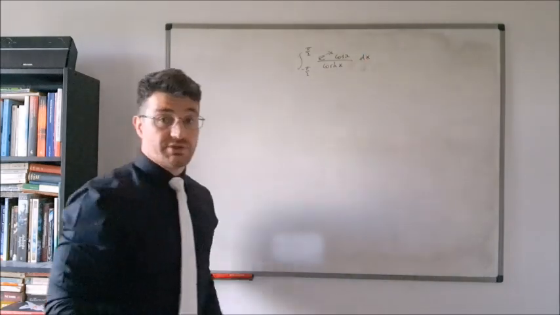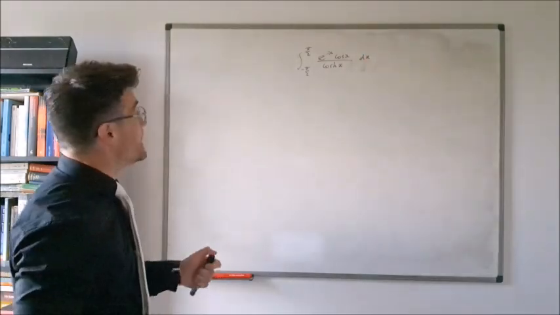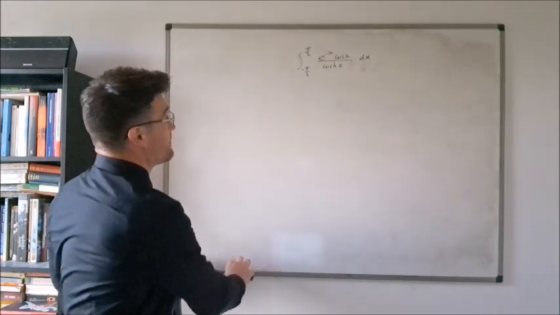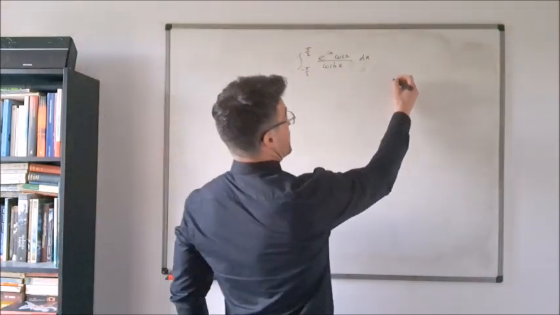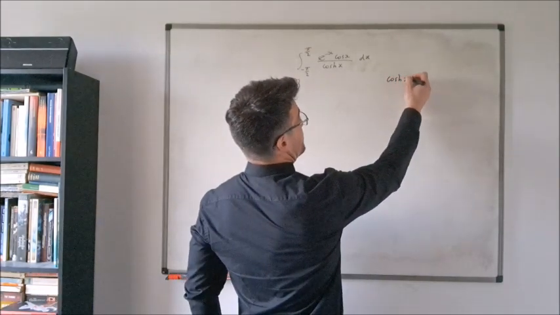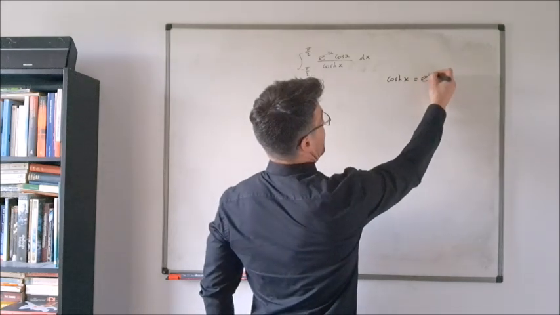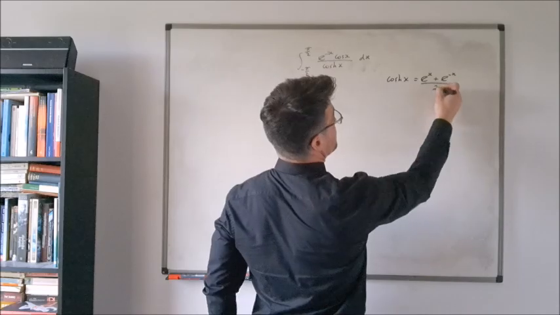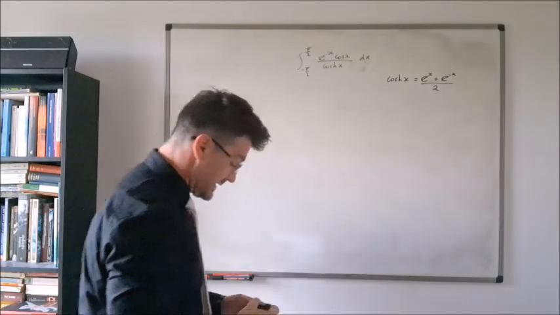It will help for you to be familiar with hyperbolic trigonometric functions, the hyperbolic cosine of x, which is defined to be cosh x equals e to the power of x plus e to the power of minus x over 2. That's going to be quite useful.